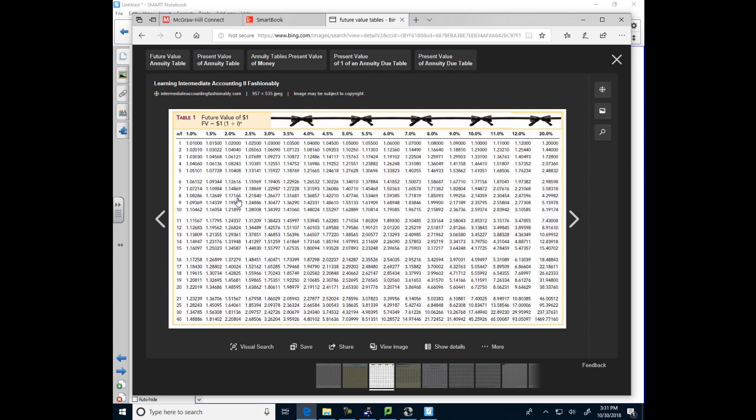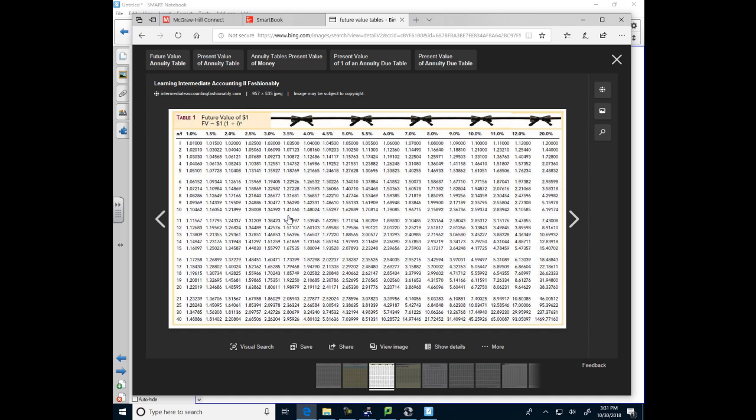This one says 1.17166. The book rounded it off to 1.1717. So this one online has another decimal place. Anyway, it shouldn't be hard to find what you need once you know what you're looking at. But of course, before today, you looked at this and you didn't have any idea what this meant, did you?